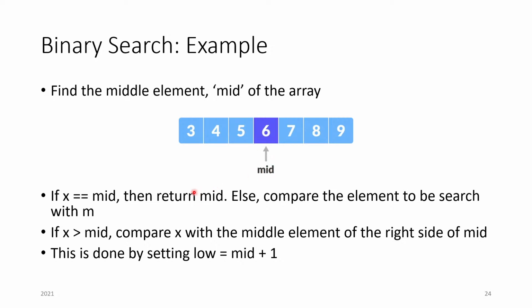If the search value is greater than the mid value, we search on the right hand side, and if it's lower than the mid value, we search on the left hand side. So in the event where our search value x is greater than the mid value, we're going to be comparing x with the middle element of the right hand side of mid.